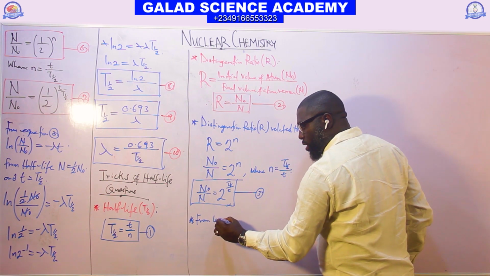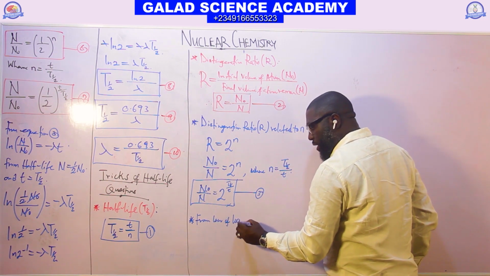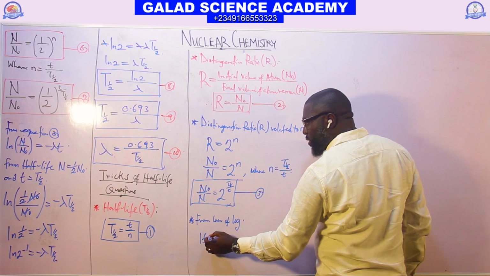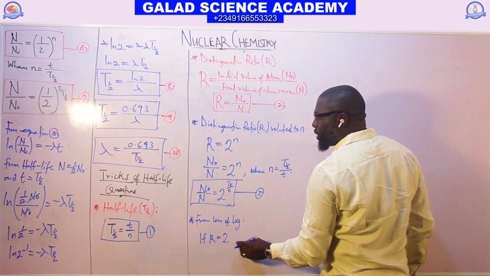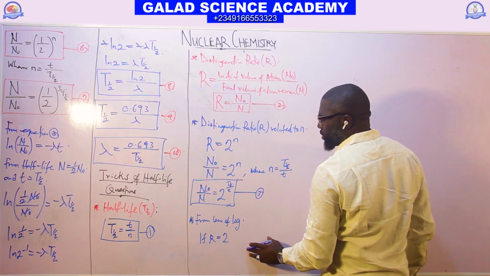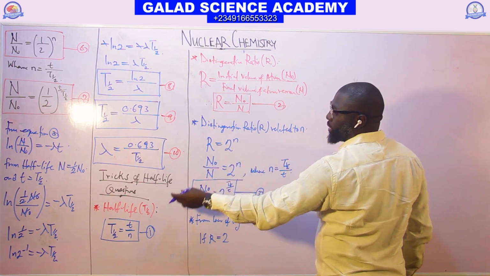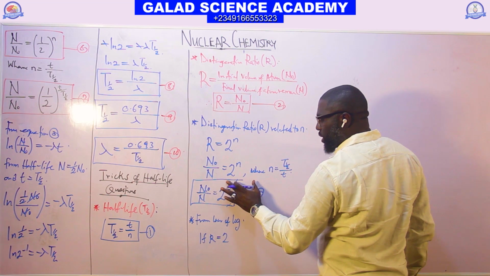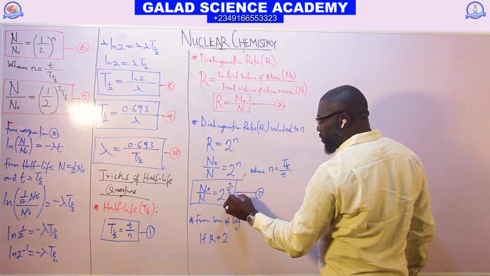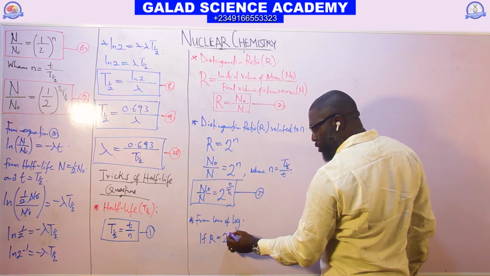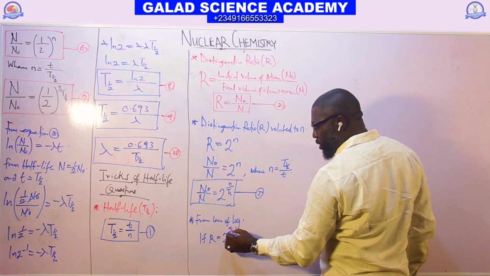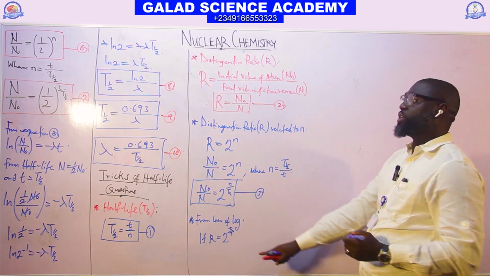From the law of logarithm, you can say, if R is 2 exponential small t over capital T, which is half-life, that is, 2 exponential N or small t over T.